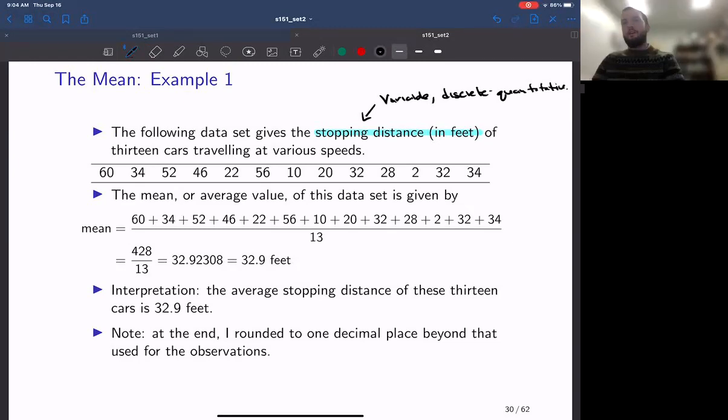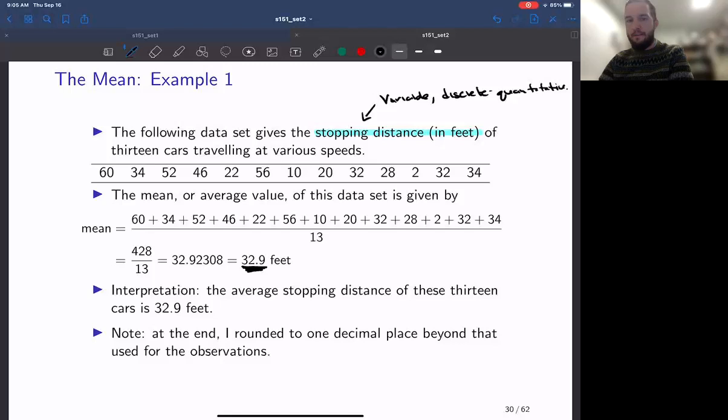All right, so we want to find the mean of these 13 stopping distances. To do that, we simply take the 13 values, we add them all together, and we divide by the number of values. So you can see here that we have literally that calculation being written out. So we're adding all the numbers in the data set together, dividing by 13, and that gives us 32.9 feet.